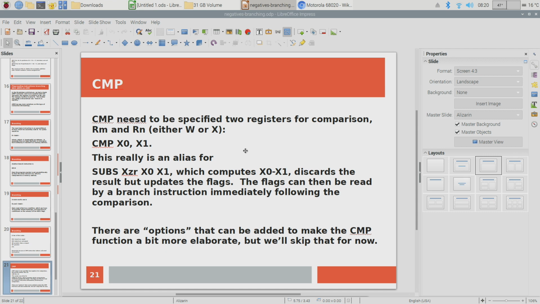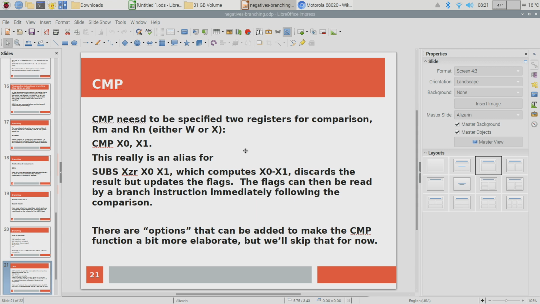What it really does is this subtraction operation. And just so that we're clear, what's the S at the end of subs? Tell me. It's going to set the flags to whatever they need to be. So if I'm using the subtraction operation, like the addition operation, I need to specify 3 registers. What's the first one?